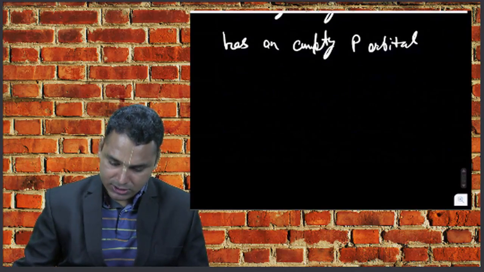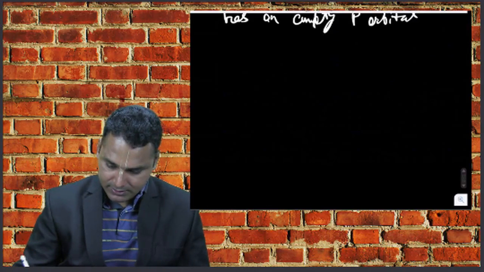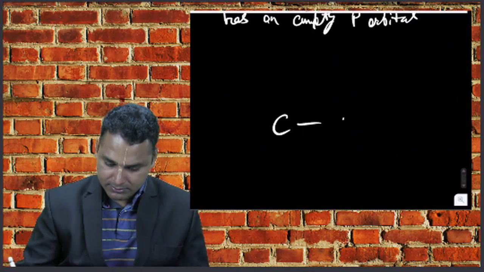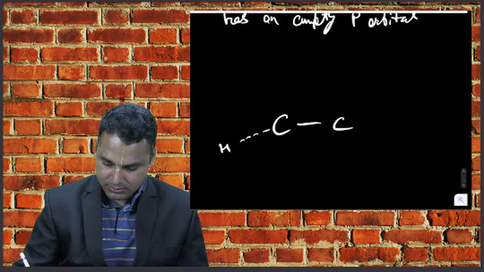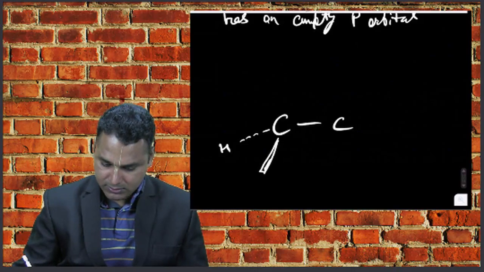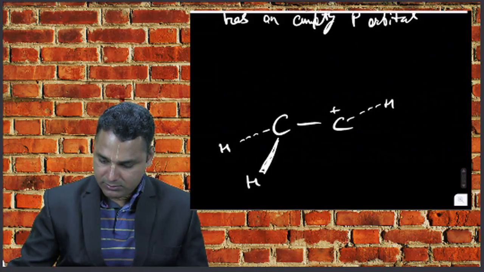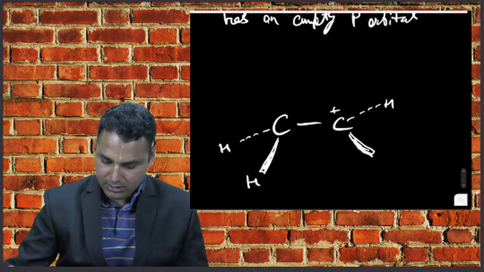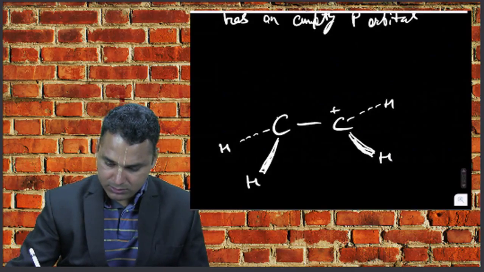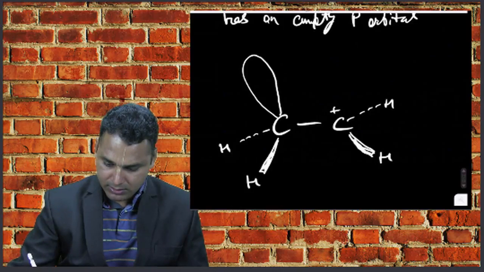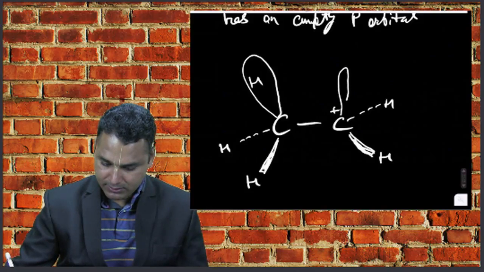I'll draw the structure and then we'll try to understand. So this is carbon and hydrogen, and this is the carbocation carbon, with hydrogens, and it has an empty p orbital.